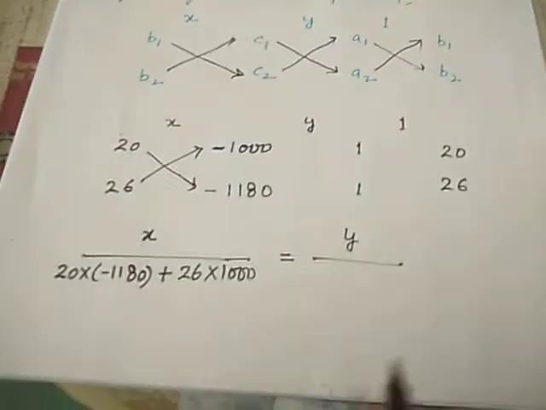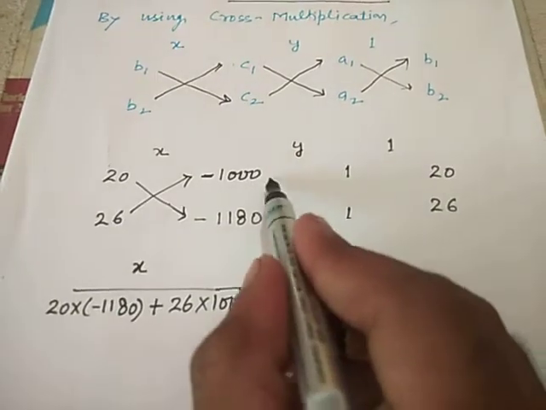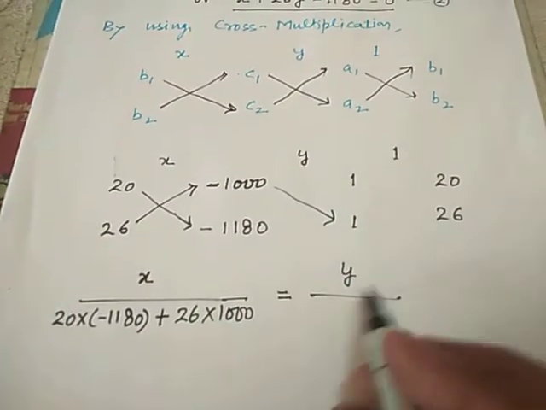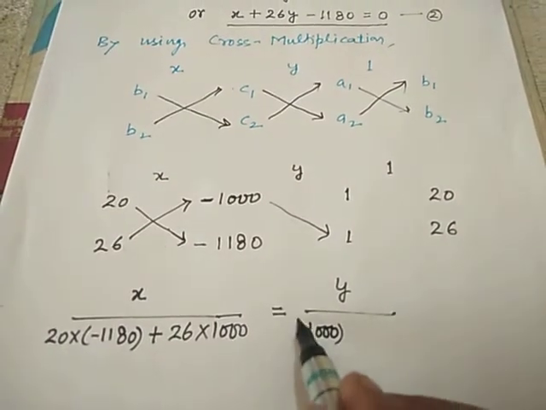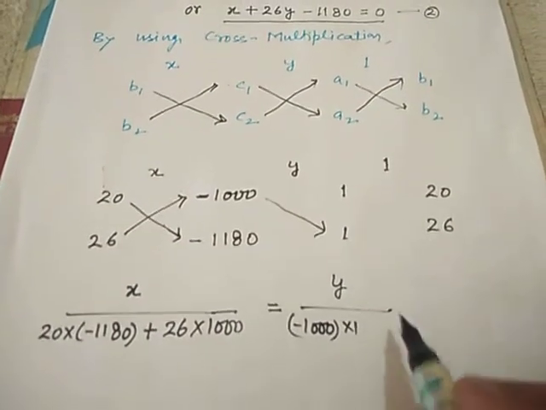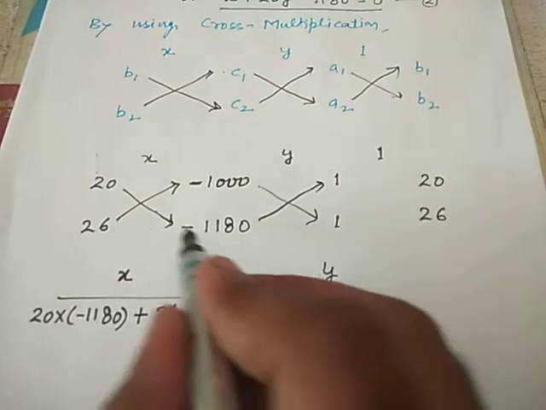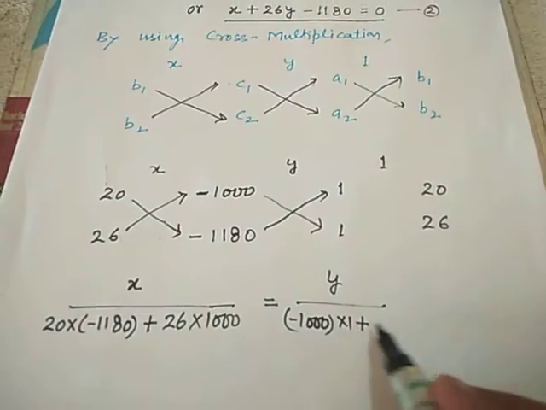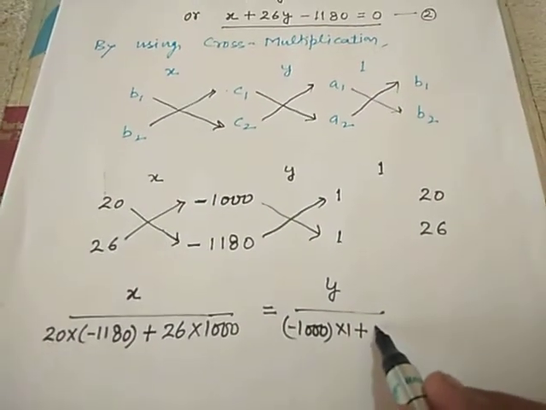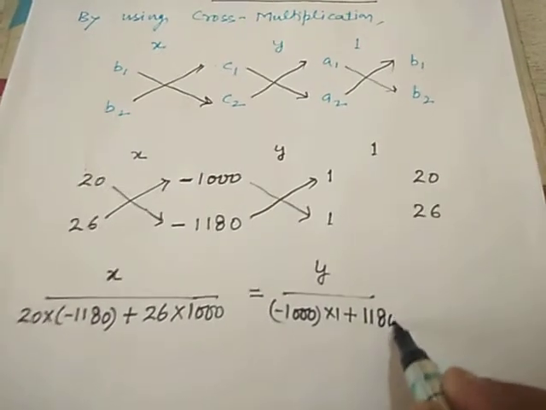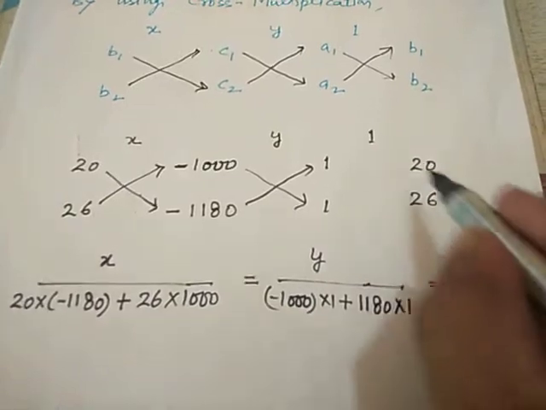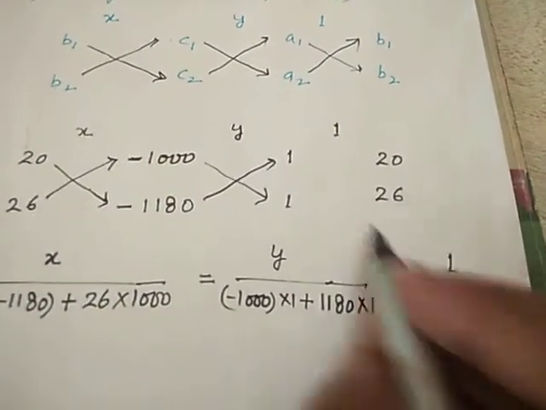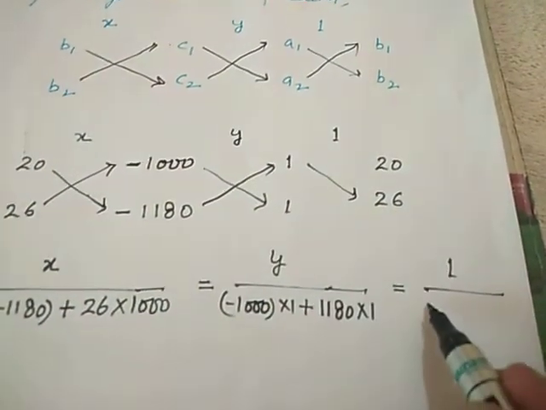Okay, so here it will be y upon minus 1000 into 1 minus this, but here is already minus, so it will become here plus, minus 1180 into 1, is equal to 1 upon finally this 1 into 26 minus 20.